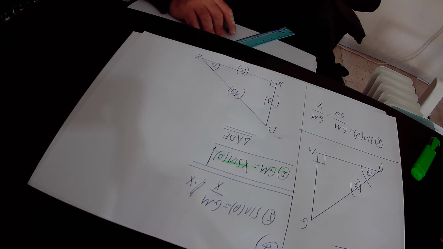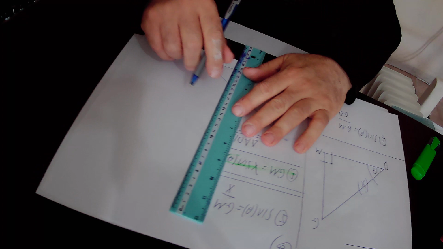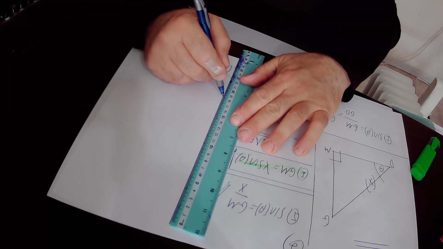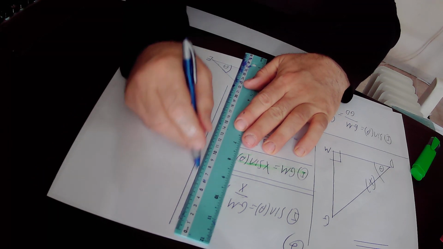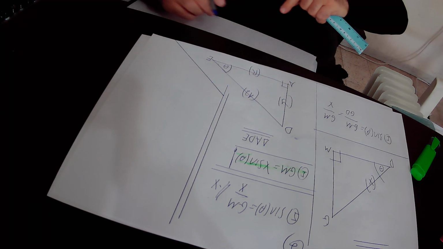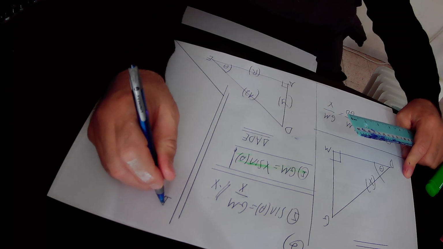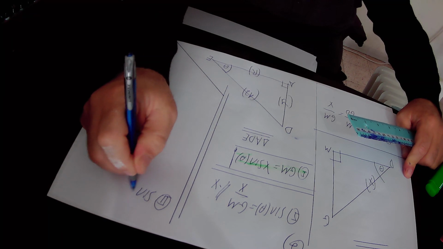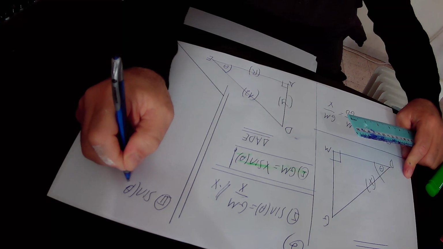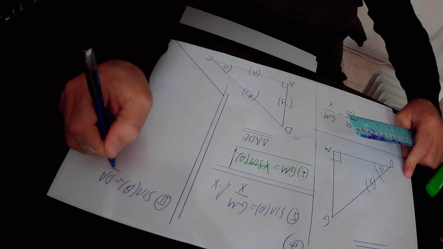It is very easy to see from the drawing that in this right triangle ADE, sine theta equals DA over DE.